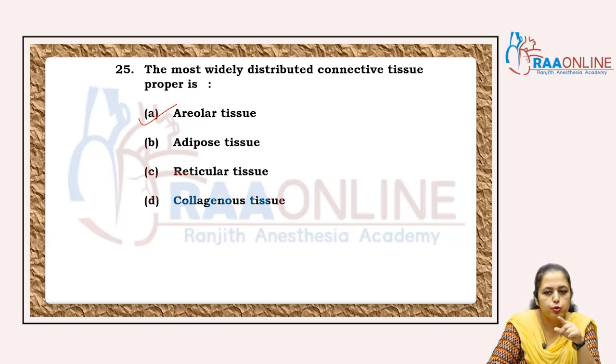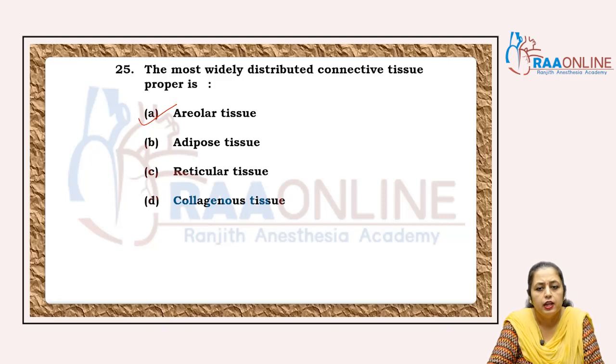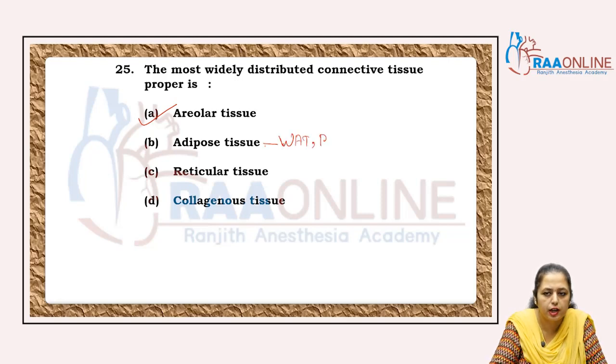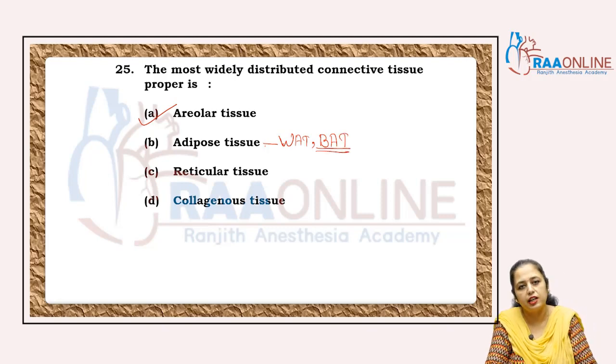Clear? Adipose tissue is related with adipocytes, that is the fat cells. They are of two types, white adipose tissue and brown adipose tissue, that is BAT, and brown adipose tissue is related with thermogenic activity.